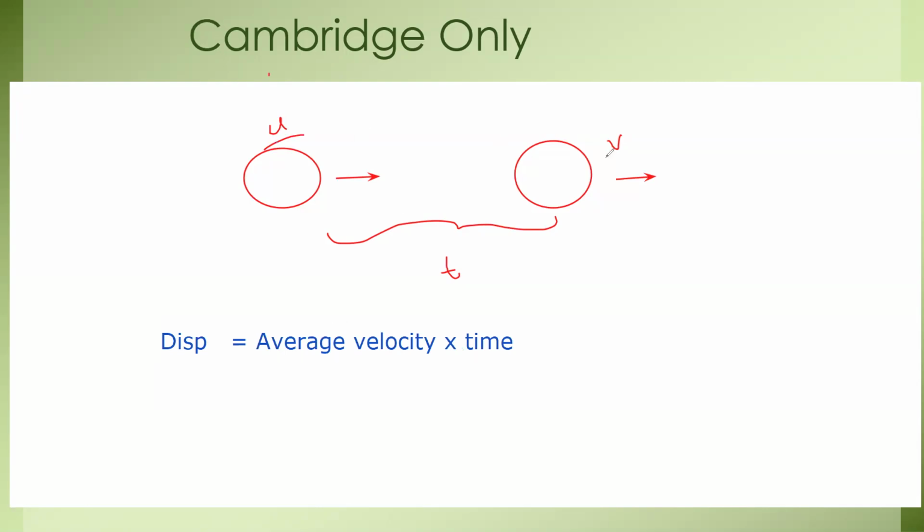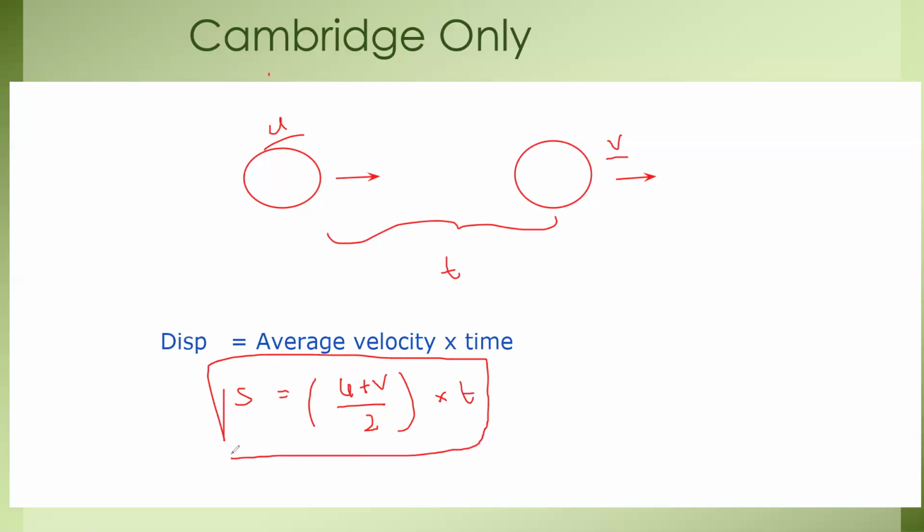How do we take the average of the two numbers? The average of these two will be (u plus v) divided by 2, multiplied by time t, and displacement is s. So this is the second equation of motion: s is equal to (u plus v) divided by 2, multiplied by t.